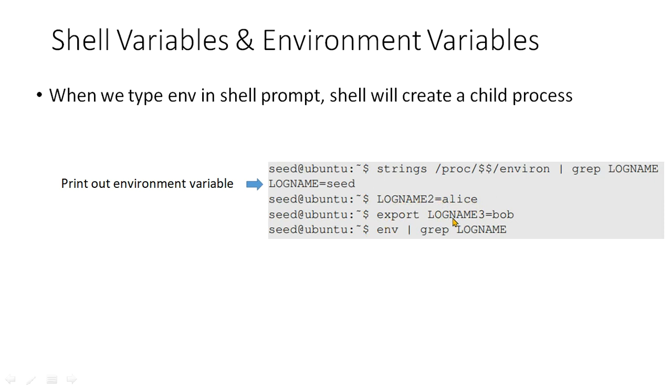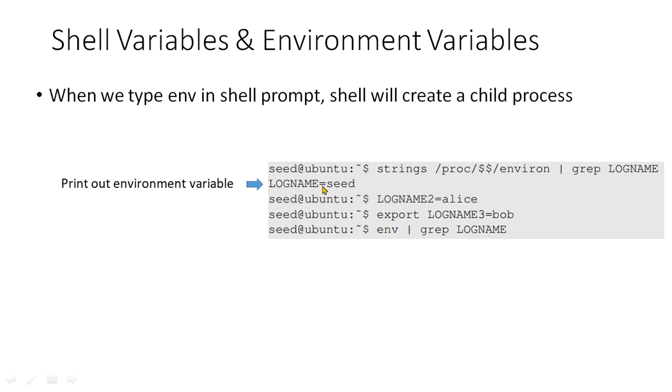And for another variable, LOGNAME3, we assign it to Bob, but we export this variable. Now we run env, that means we create a child process, and we see the environment variables of this child process. We only display whatever variable starts with LOGNAME.